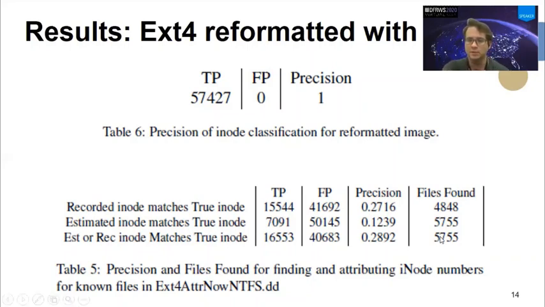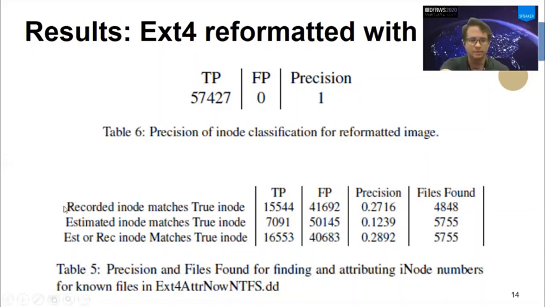But we found in total 5,755 of the total 25,050 files. And just to explain this rather shortly, for each of these rows here, we had a number of ways we could estimate the file name and inode number pairs for each of the inodes.